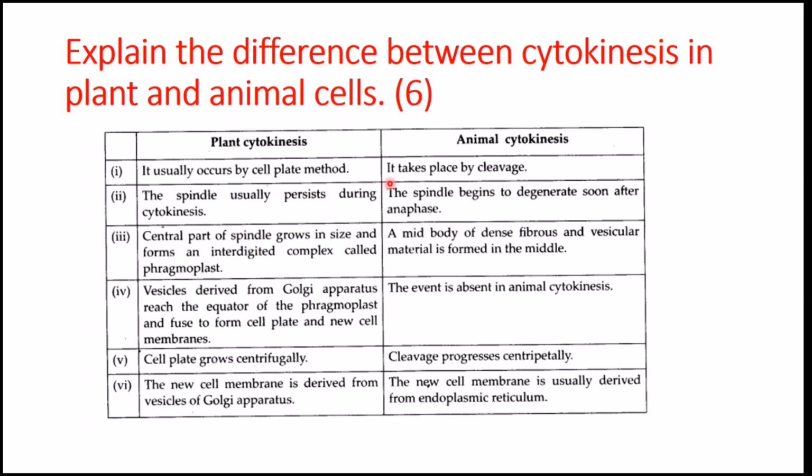The spindle persists during plant cytokinesis and begins to degenerate soon after anaphase. The cell plate grows centrifugally, while cleavage progresses centripetally. In plants, the new cell membrane is derived from vesicles of the Golgi apparatus, while in animals it is usually derived from the endoplasmic reticulum.